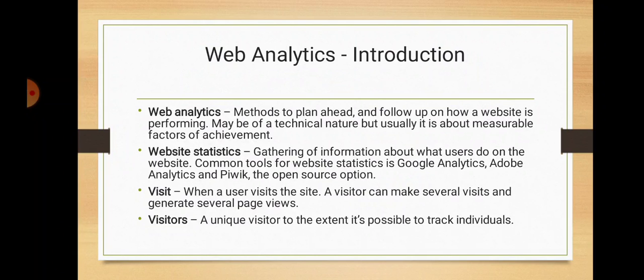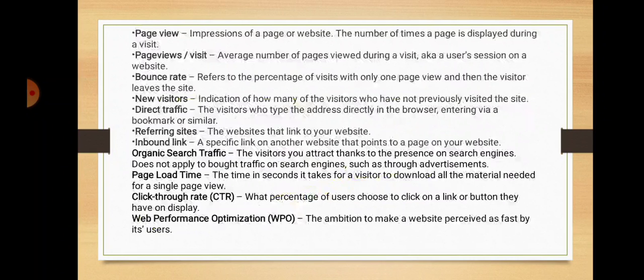Then visit. When a user visits the site, a visitor can make several visits and generate several page views. Then visitors, unique visitors to the extent it's possible to track individuals. Then page view, impressions of a page or a website, the number of times a page is displayed during a visit.